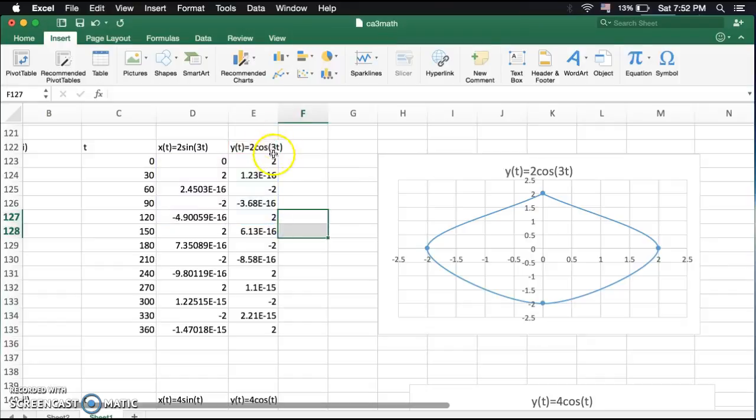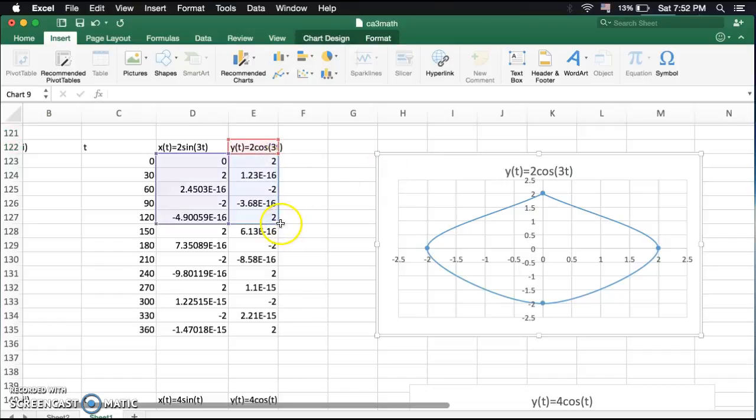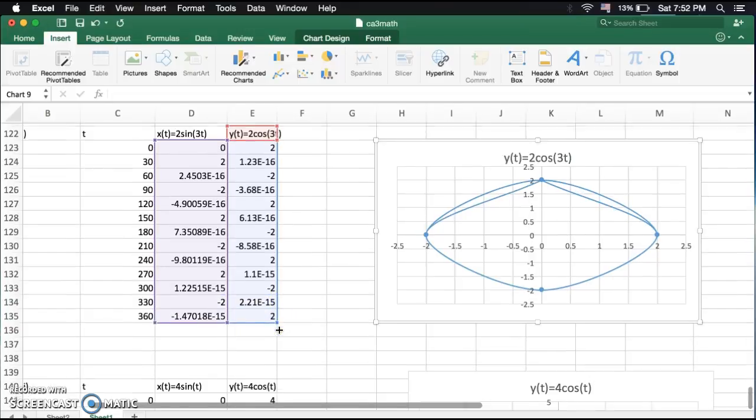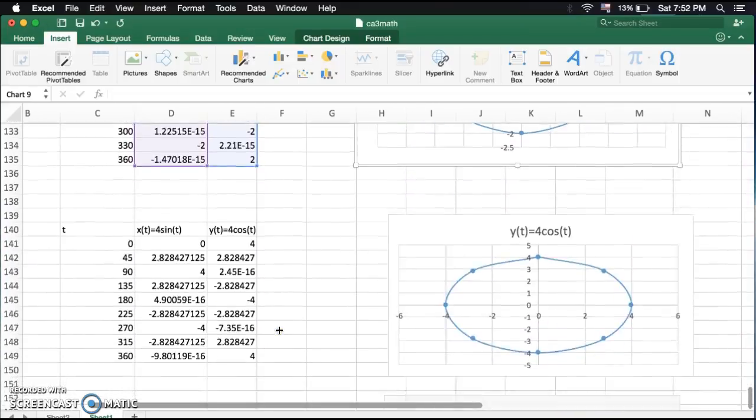When we reach 240, another circle is complete. When we reach 360, there are 3 circles of motion.